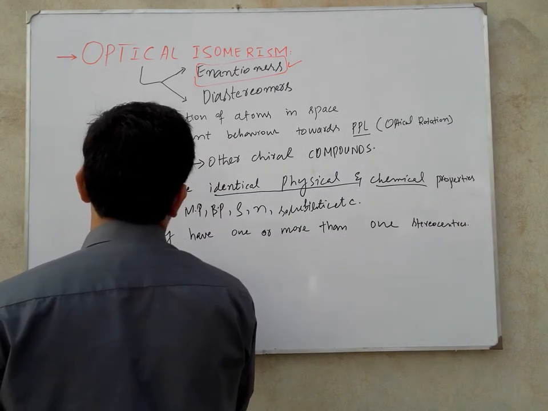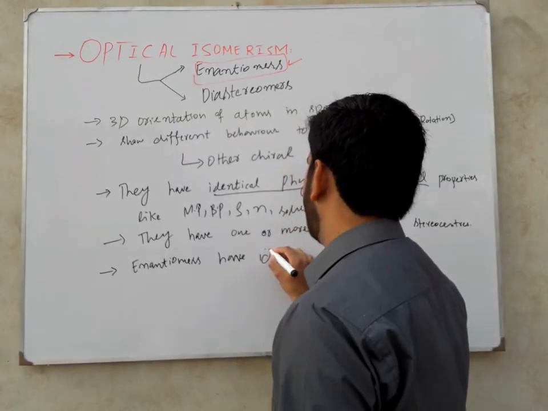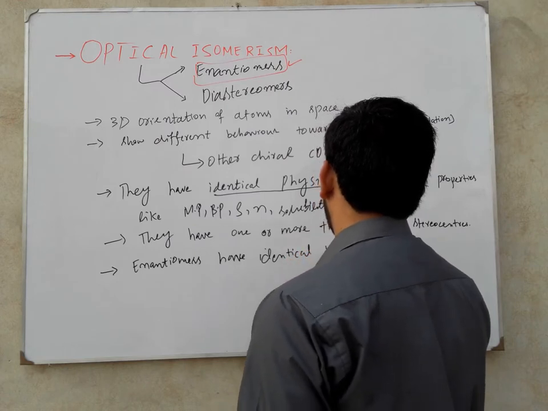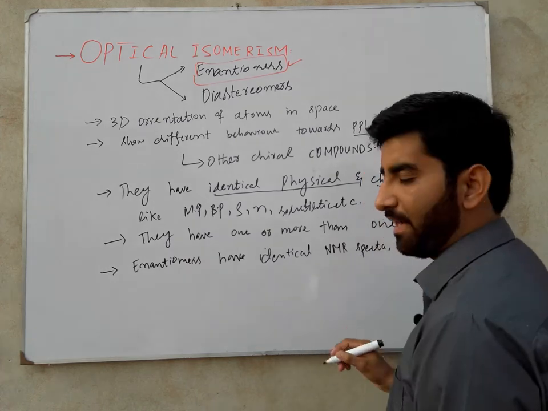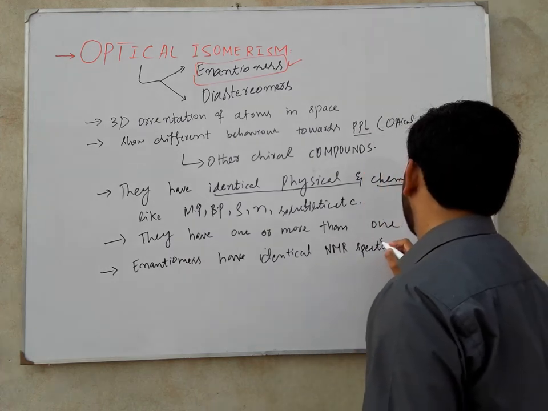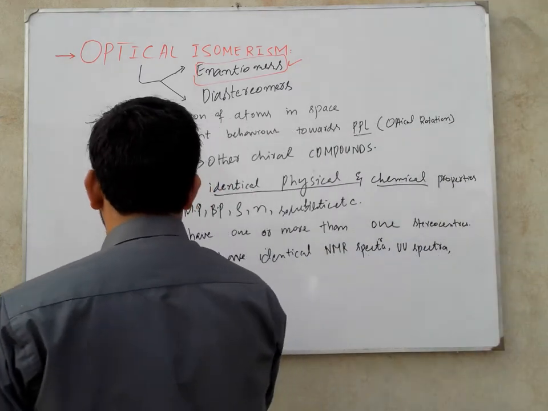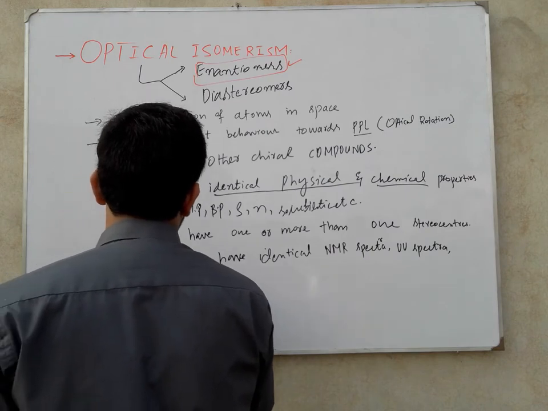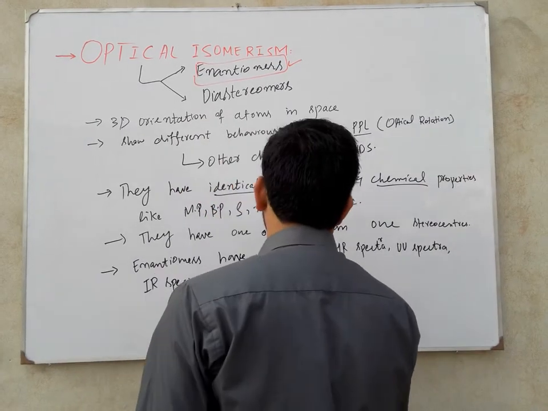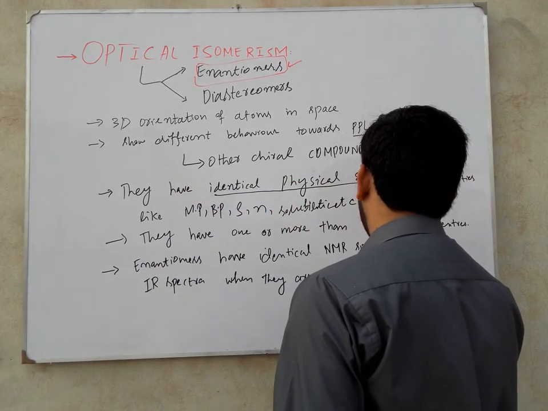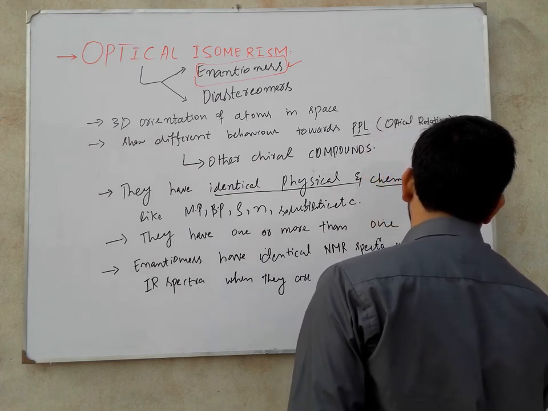Enantiomers have identical NMR spectra, UV spectra, IR spectra when they are measured in achiral solvent.